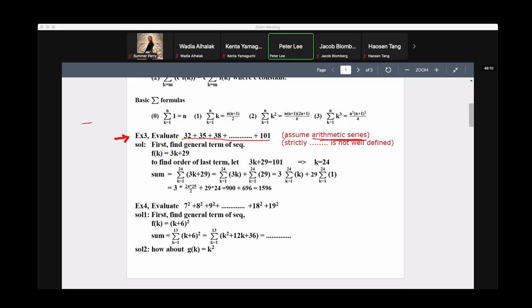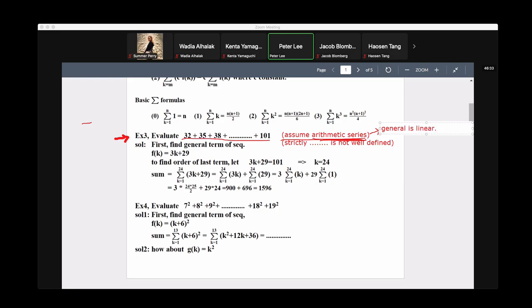So in this case, we'll assume that this is an arithmetic series, or I will give you some kind of condition, or I will tell you, assume arithmetic series. The other way of saying that this is an arithmetic series is this: the argument of sigma is linear, that is, the general term is linear.